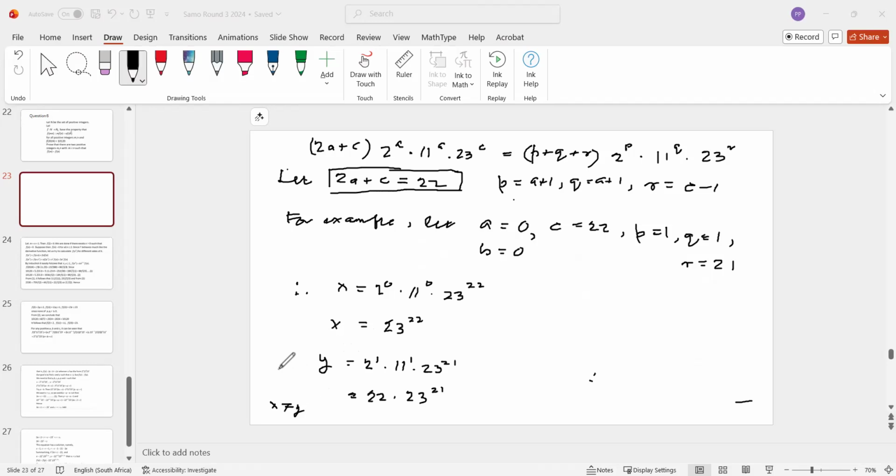But now, is f of x equal to f of y? So let's try. Now remember, f of 2 to the power of a times 11 to the power of b times 23 to the power of c equals a plus b plus c times that expression.